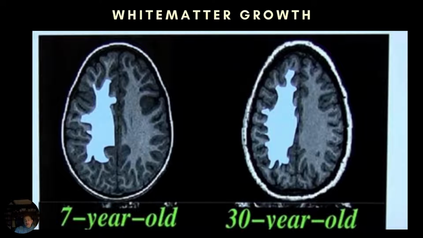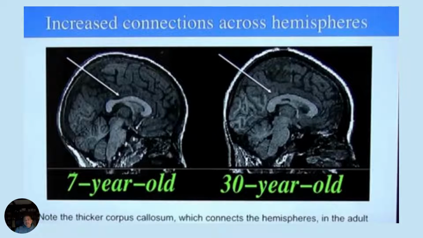This is white matter growth. On the left side is a 7 year old, and on the right side is a 30 year old, showing the white matter growth over the course of time. There is increased connection across hemispheres. Now, if you note, there is a thicker corpus callosum in between right here, where the arrows are pointing.